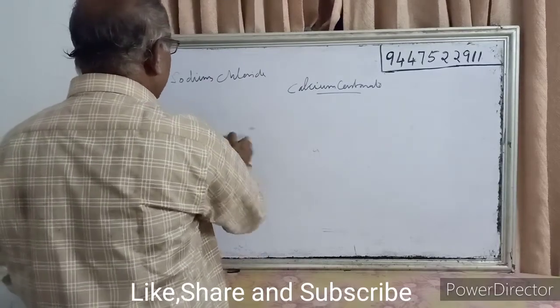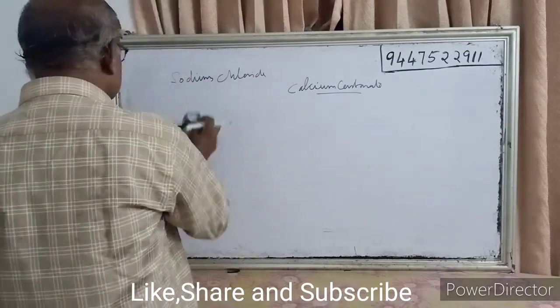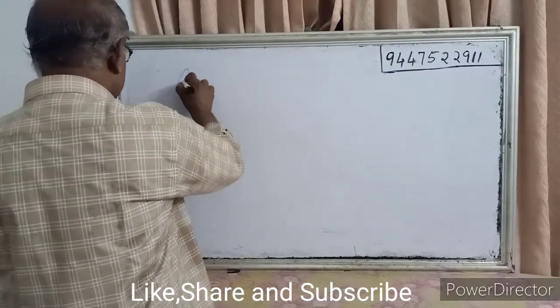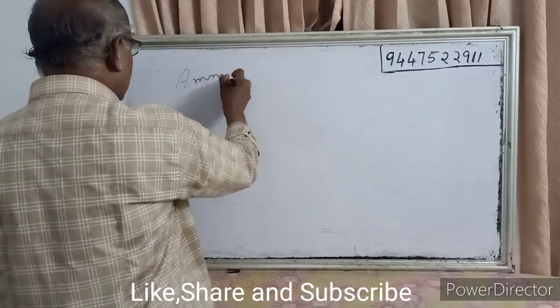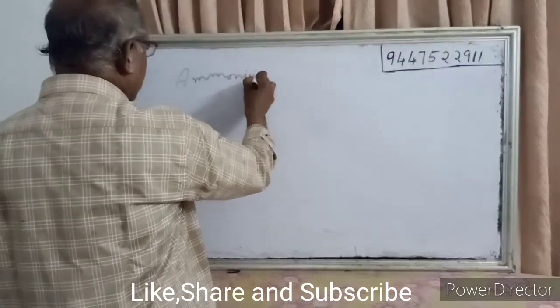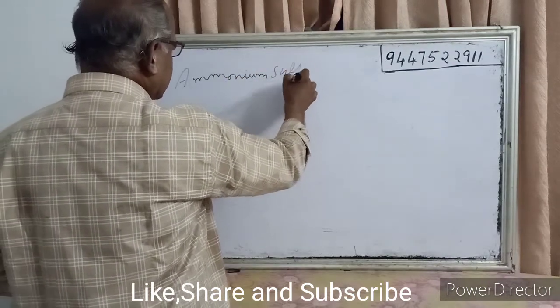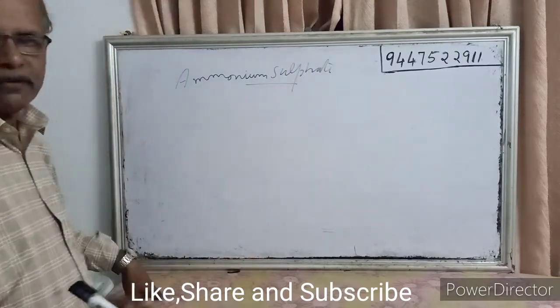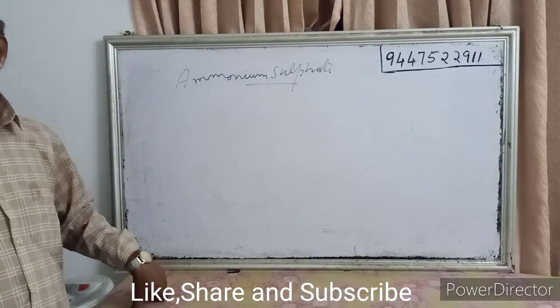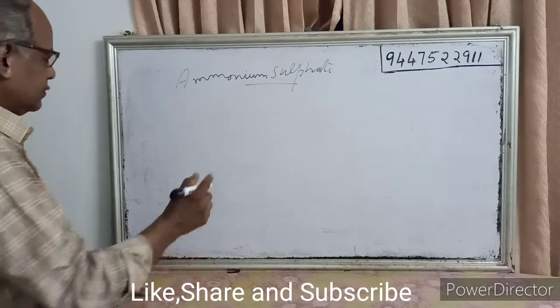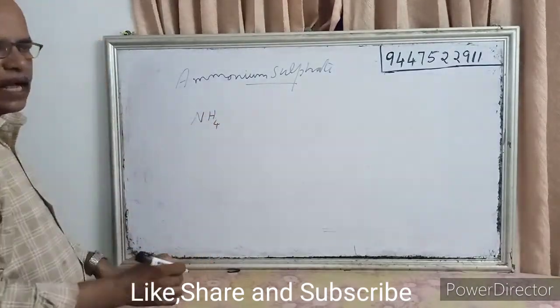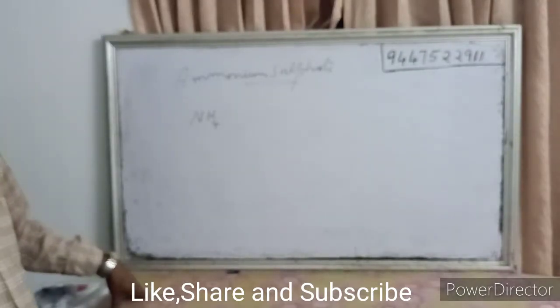Next, write the formula of ammonium sulfate. What is the symbol for ammonium? NH3 is ammonia, and ammonium is a radical, NH4.